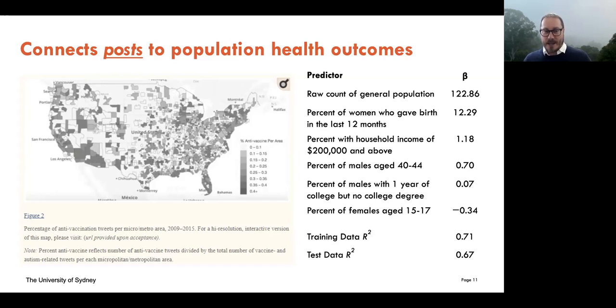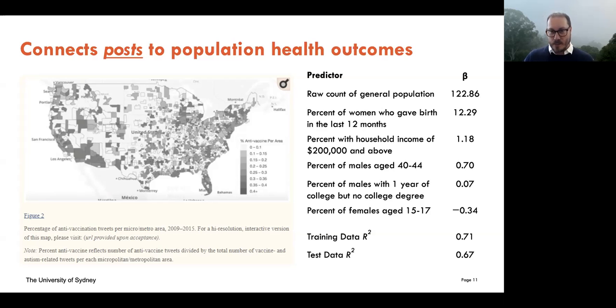They didn't account for the fact that if you live in LA, New York, San Francisco, Austin, or Dallas, there are more people there and they tweet more. So essentially this was a model that just counted up how many times people were tweeting, and they used some weird denominator related to the number of people who posted about autism and vaccination.